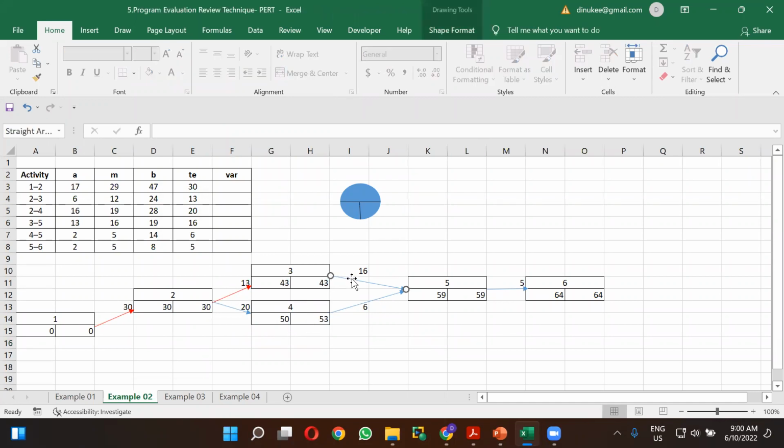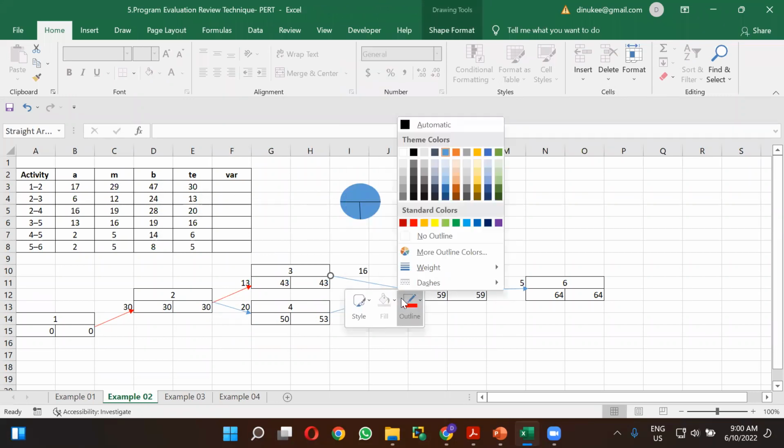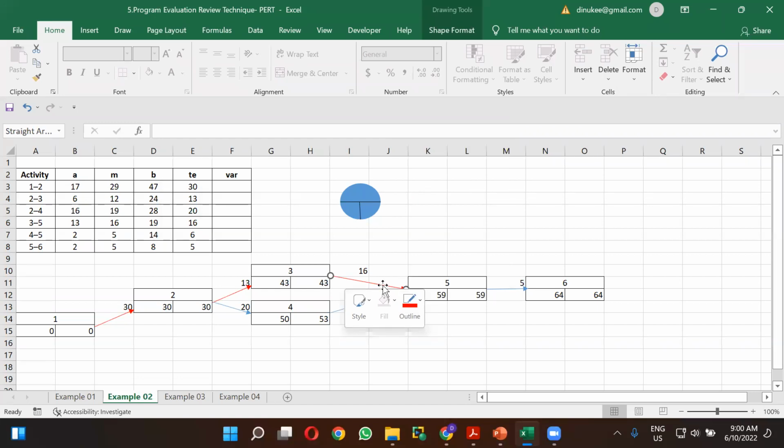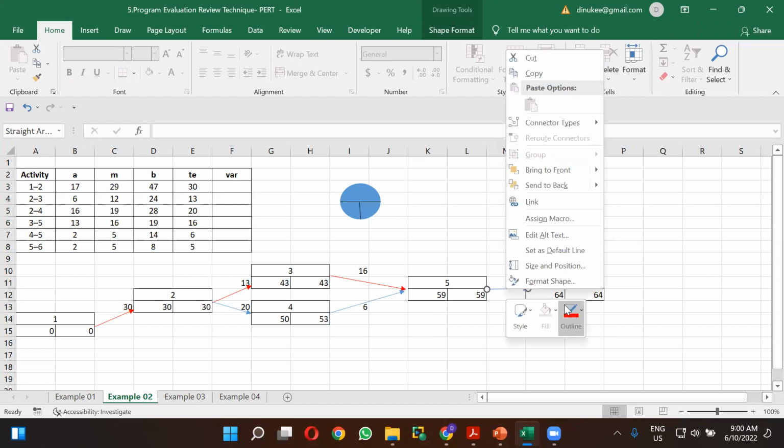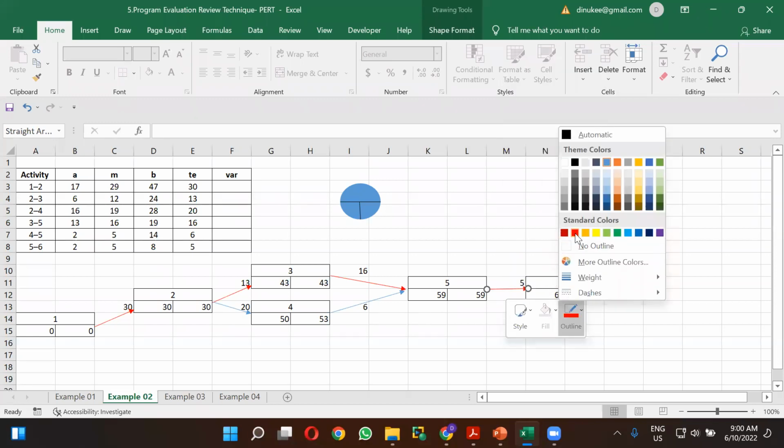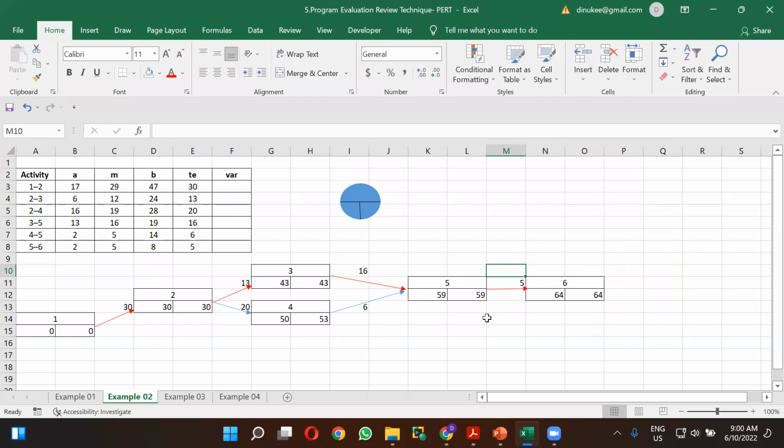And for this here also, it is also a critical activity. And this activity 6 is also a critical activity. So I have now colored the critical path as well.